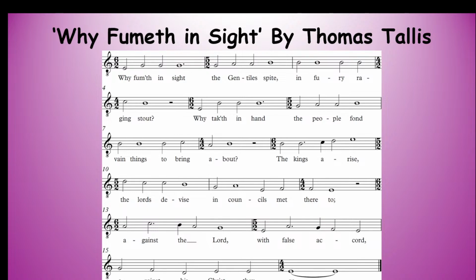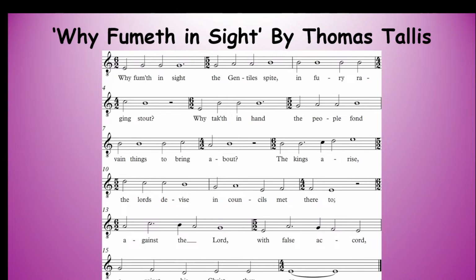Why fumeth in sight, the Gentiles spite. Now we stay on that note. In fury rage, and then go up. Jinxed out. Let's just try that little bit. Do it together. 3, 4.